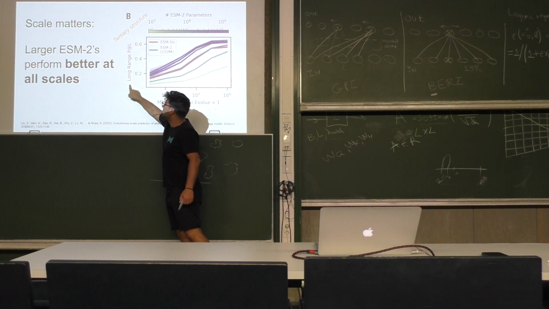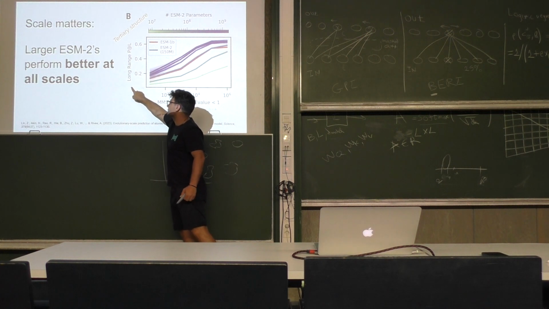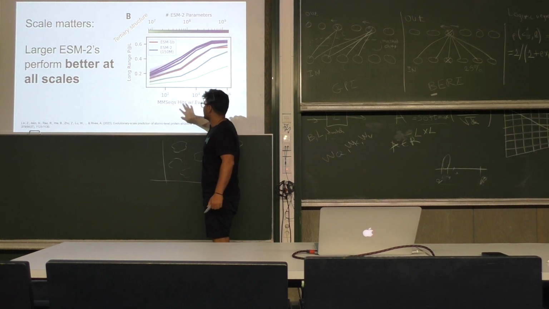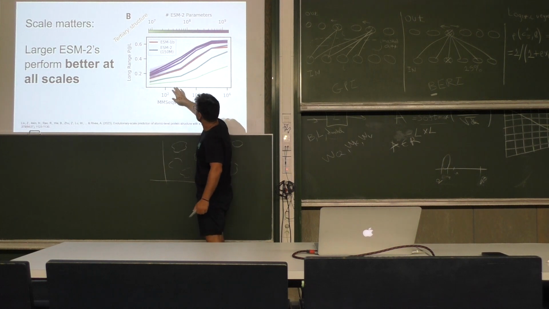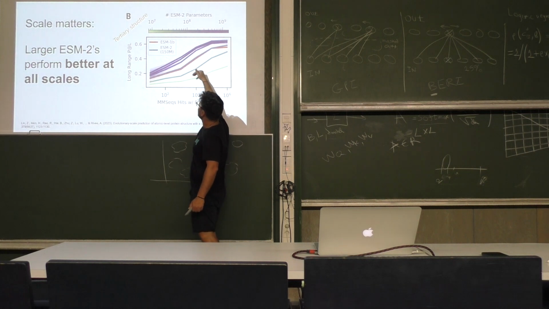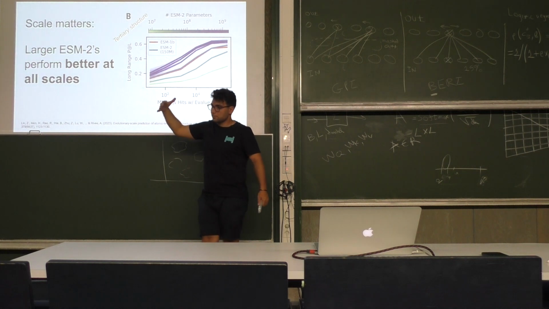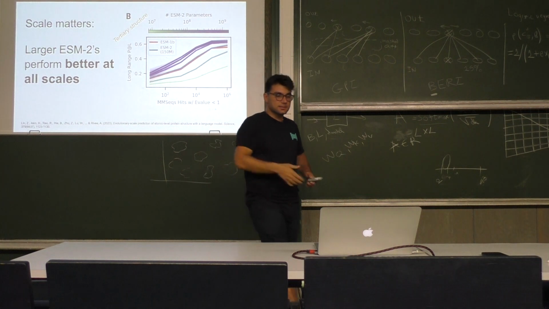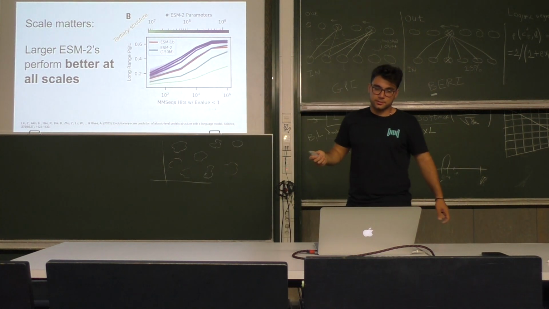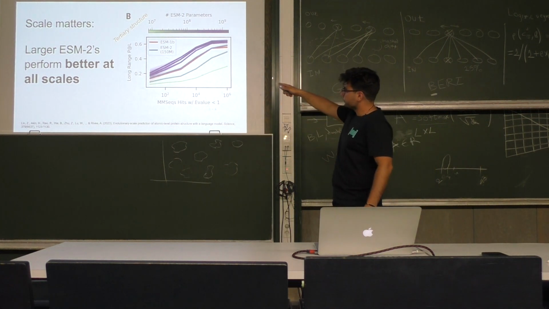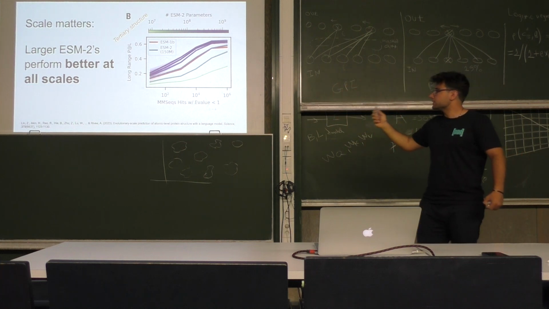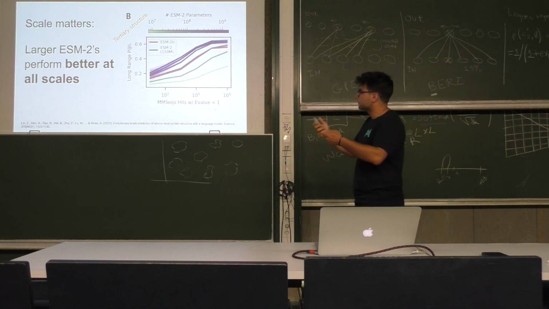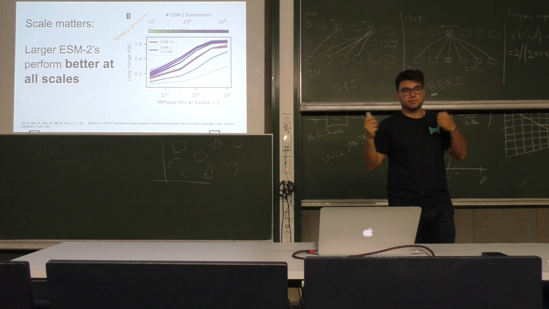And this is the evaluation for contact prediction. This is another evaluation we don't care so much about. So you can see that the more trainable parameters the model has, the better it gets, given that the data and the compute are fixed. So at large scales, you get the desired properties of learning underlying information regarding secondary and tertiary structure.